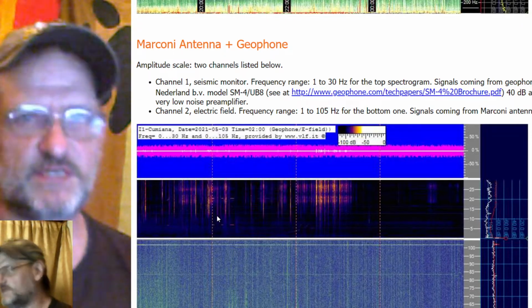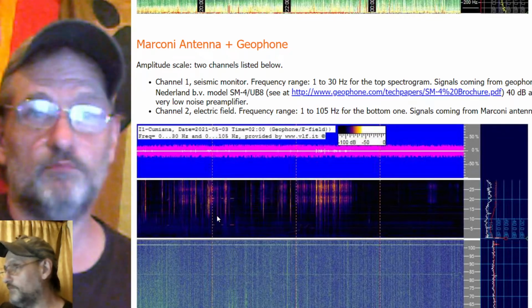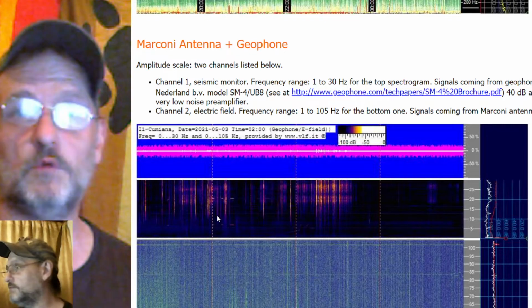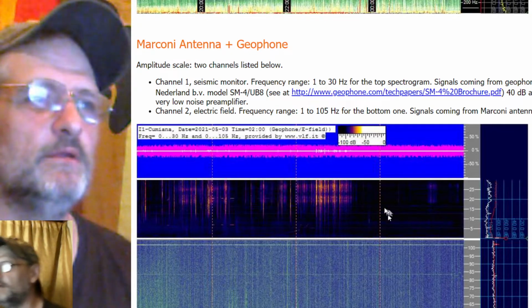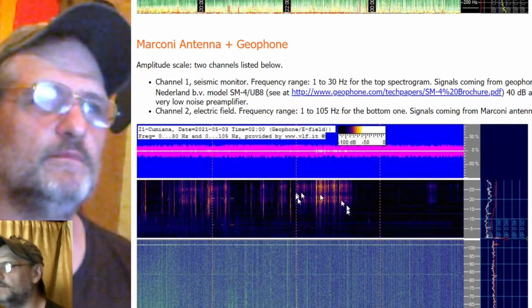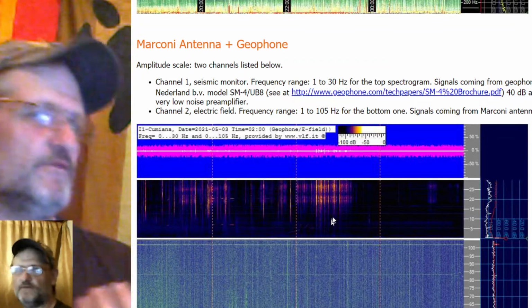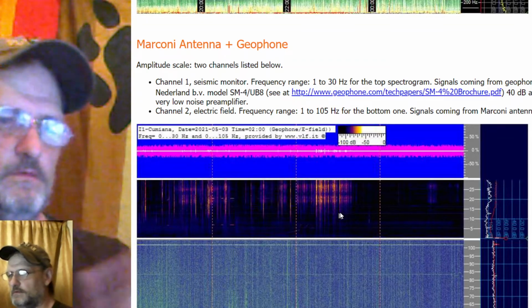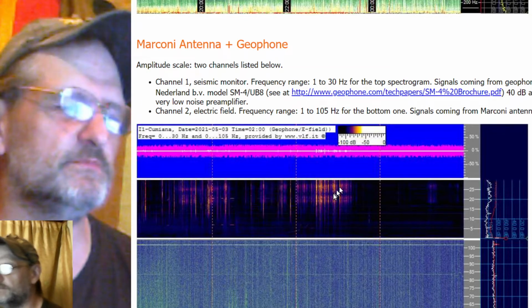If I'm not mistaken, they have a borehole or something like that. They have a seismic meter. I'm not sure. They may not have that, but this is a seismic meter. I don't know how isolated it is from the local environment, so I can't even guess on that.